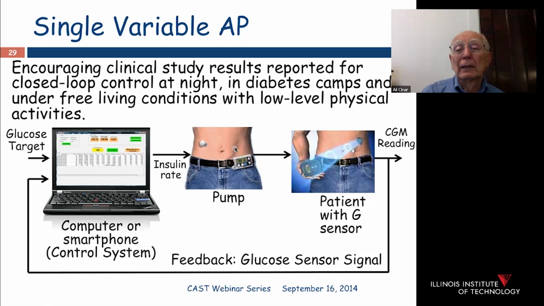And in various environments, both at home, in diabetes camps, and under some limited free living conditions with routine activities and low-level physical activities, these systems have done a very good job in regulating the blood glucose concentrations.